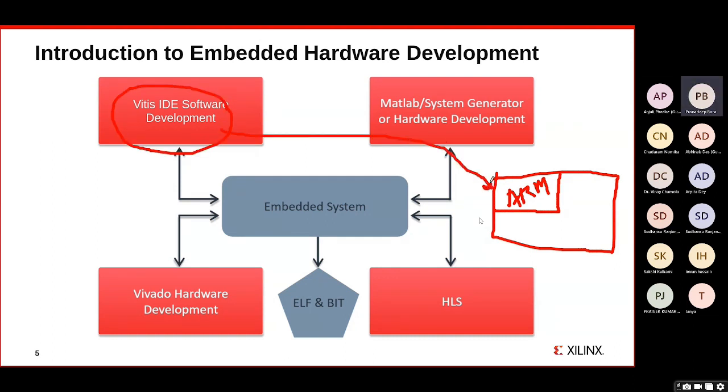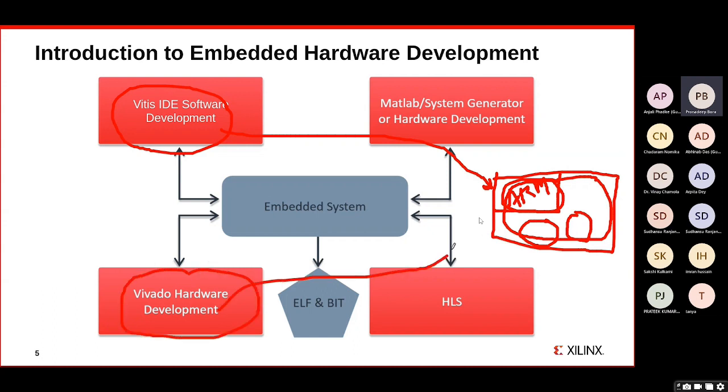So now we'll have to migrate into multiple tools. The hardware design, where I'll be including and configuring the ARM processor, and creating certain RTL codes, that is digital hardware, all those things will be done by the Vivado hardware development.